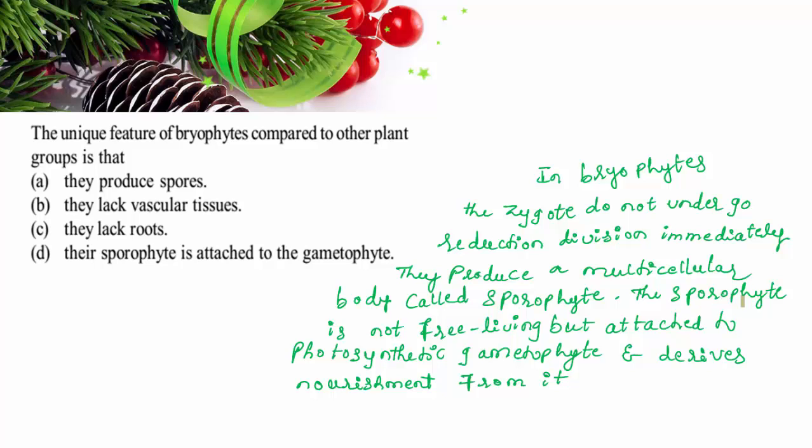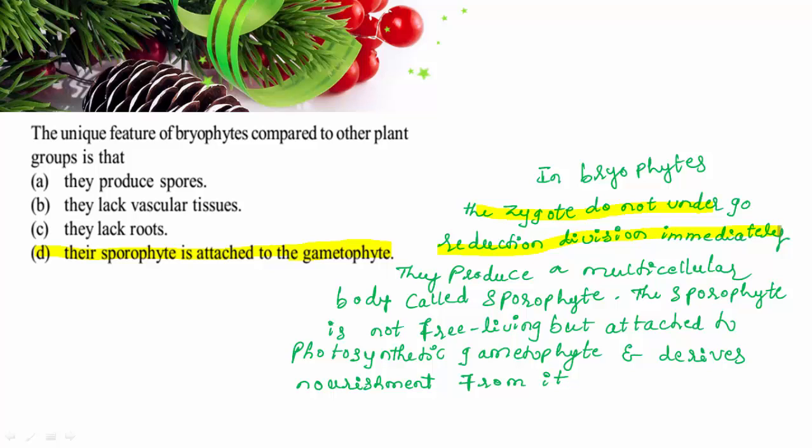So what is the unique feature? The sporophyte, once it is formed due to the fertilization, is attached to the gametophyte. Sporophyte remains attached to the gametophyte. The zygote, which is produced as a result of fertilization, does not undergo reduction division immediately in case of bryophytes.